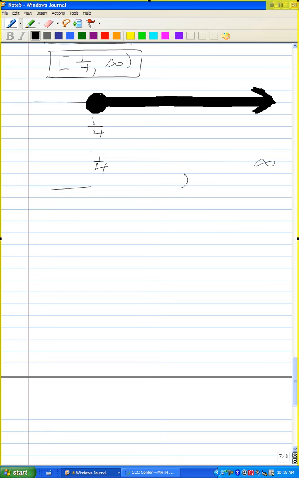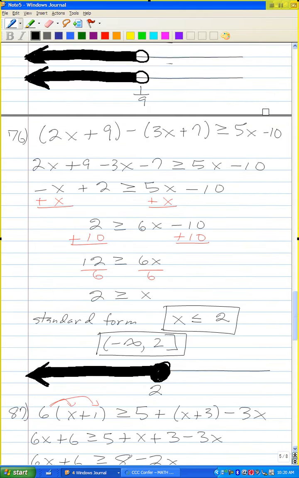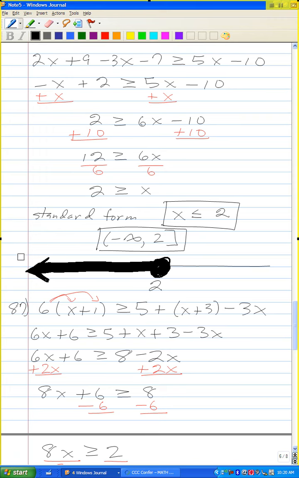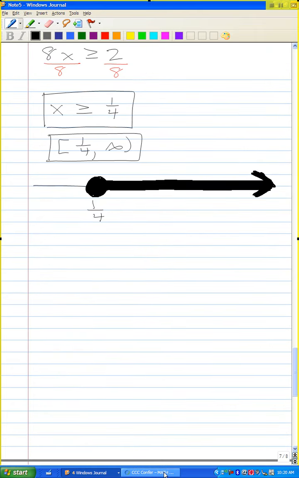So this is the following interval. It includes all these numbers. Therefore, it is the closed interval from 1/4 to infinity. You can just look on the graph and see that this keeps going to infinity. It starts here, and then it goes here. So here's negative infinity, here's 2. It goes in the same order that you would see things on your graph.